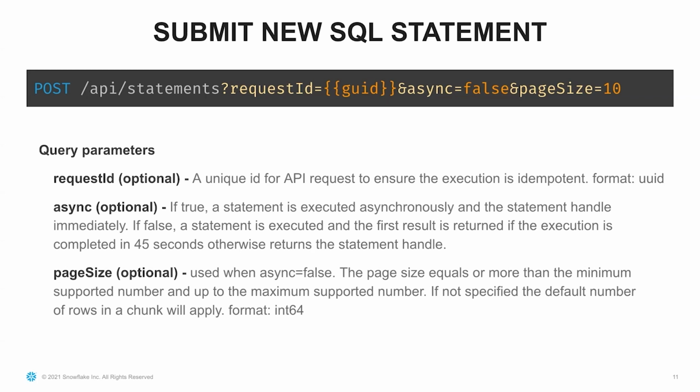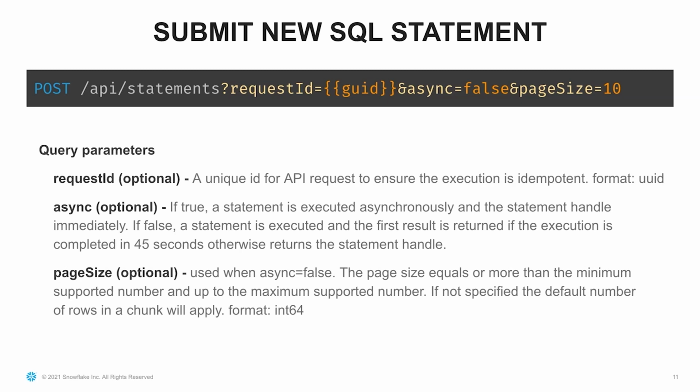It could have some adverse effect on the data. For example, maybe it's a deletion and you're doing a query that deletes a certain kind of data, right? You want to make sure that you only execute that statement once. So let's make sure that it's idempotent. We supply a request ID that is optional, that if Snowflake sees that request ID a second time, it will not execute that statement for you.